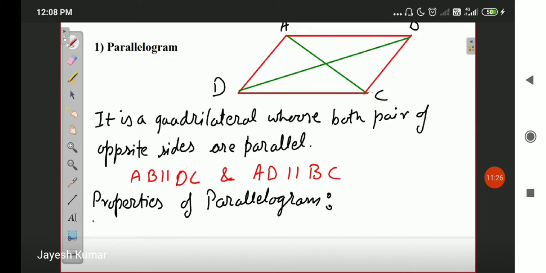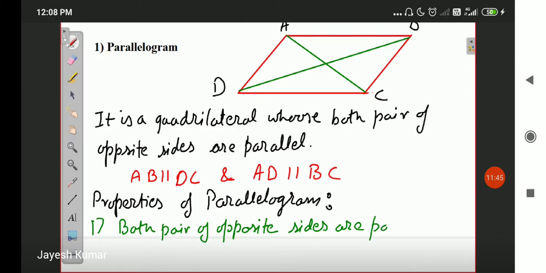Okay, so let us start with the properties. First property, both pair of opposite sides are parallel. Second is, both pair of opposite sides are equal. That means AB and DC are equal, AD and BC are equal.